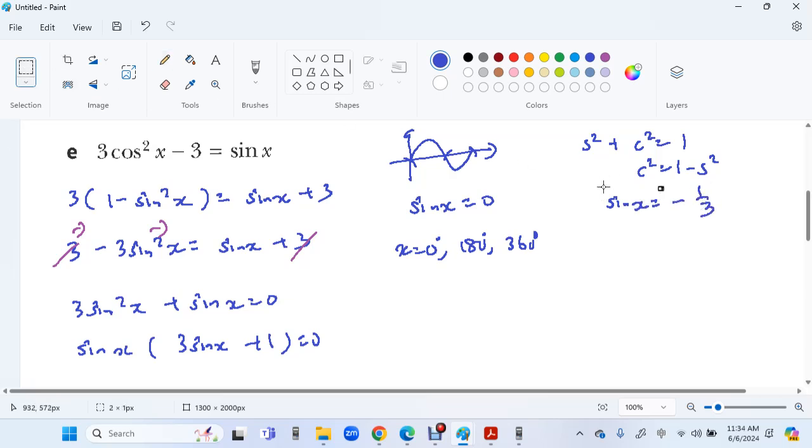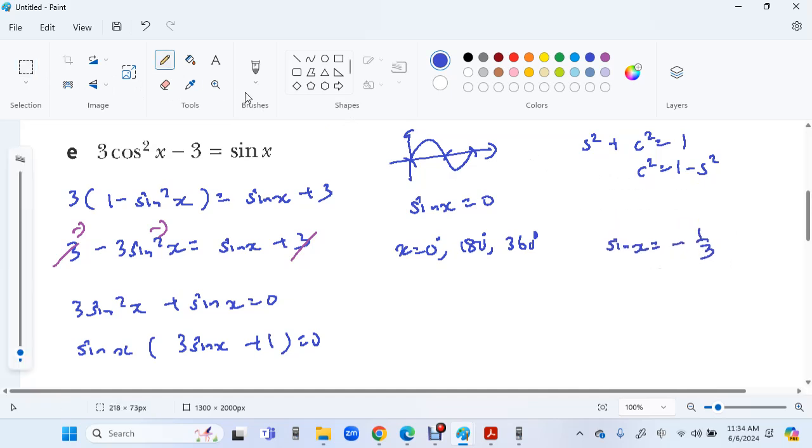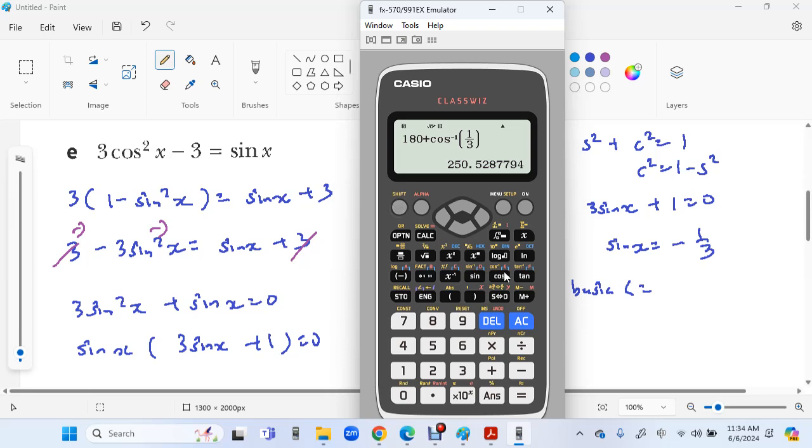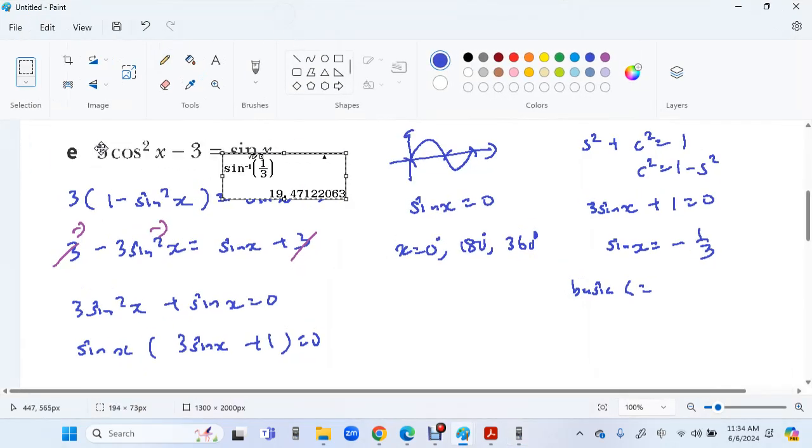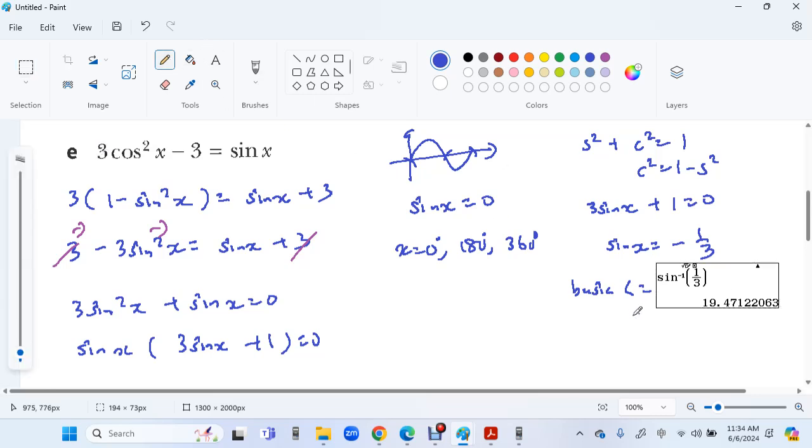Okay, because we have 3 sine x plus 1 equal to 0. So the basic angle will be the arc sine of 1 over 3. Then this will be 19.47. Okay, so for x, we have the ASTC, sine negative will be the third and fourth, which is 180 plus theta and 360 minus theta.